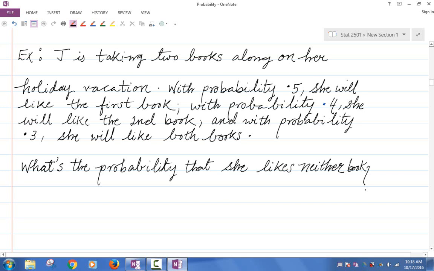With probability 0.5 she will like the first book, and with probability 0.4 she will like the second book, and with probability 0.3 she will like both books. What's the probability that she likes neither book? What's the probability that she likes neither of the books?